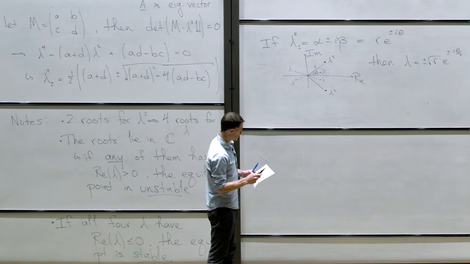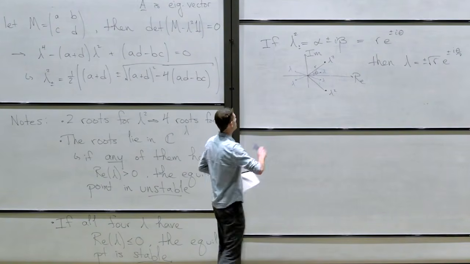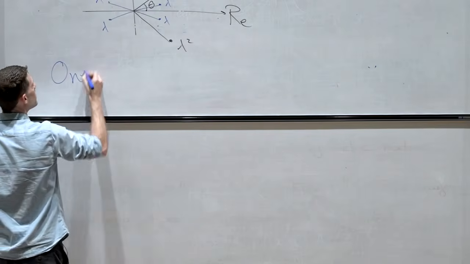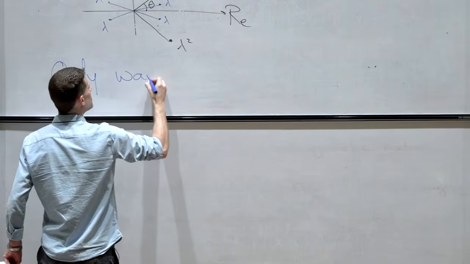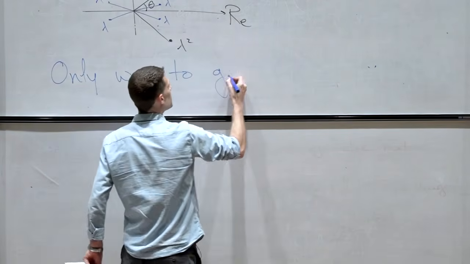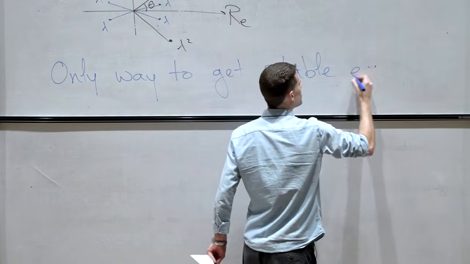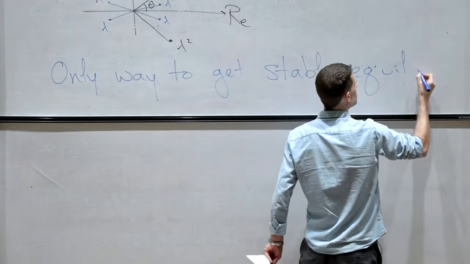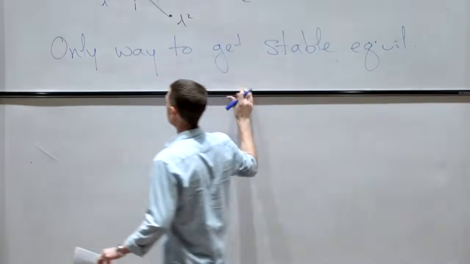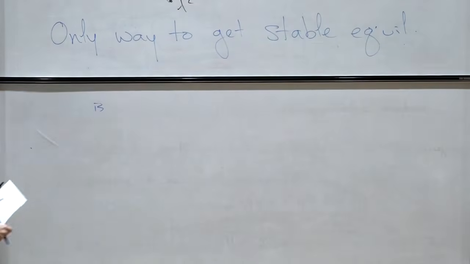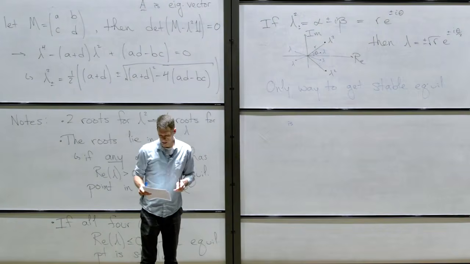So the only way to get stable is if that beta is in fact 0.